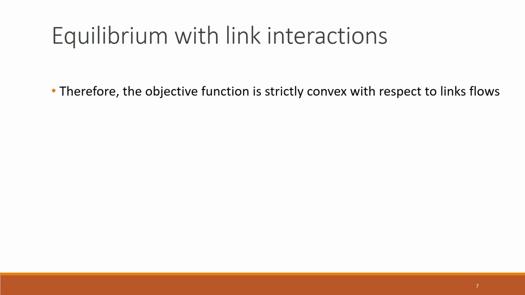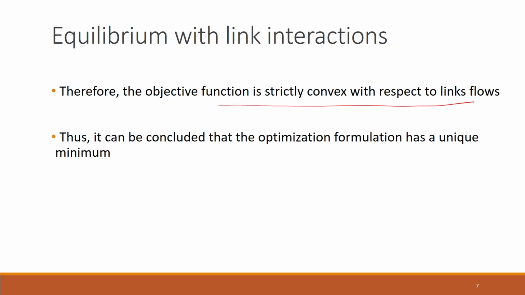So, given that this Hessian matrix is positive definite, the objective function is strictly convex with respect to the link flows. And therefore, it can be concluded that the optimization formulation has a unique minimum.